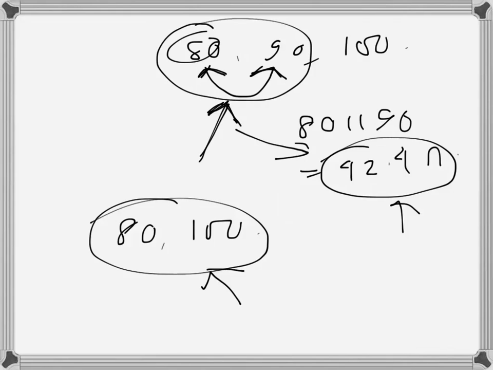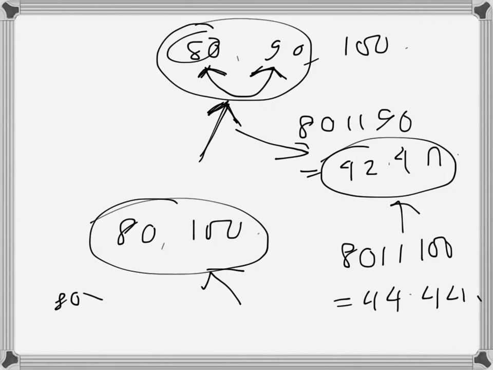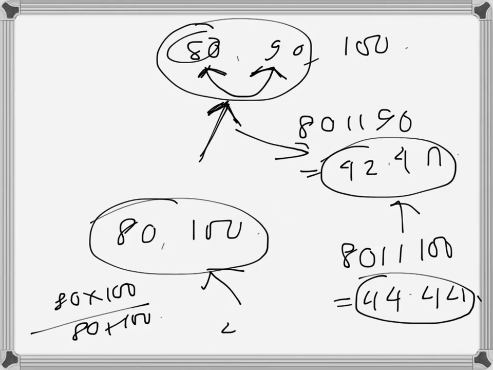So for 80 ohms and 100 ohms, the parallel combination is 80 times 100 over 80 plus 100, which is 44.44, just a little bit above that limit, the lowest allowable resistance.